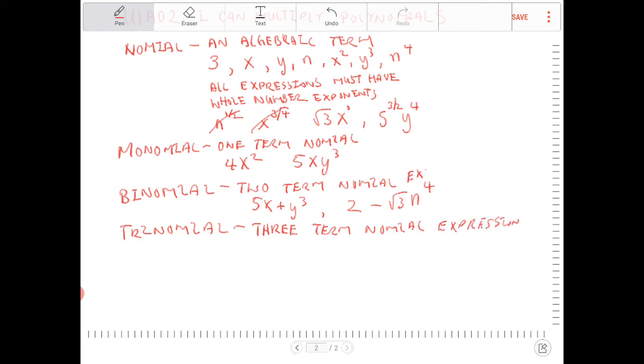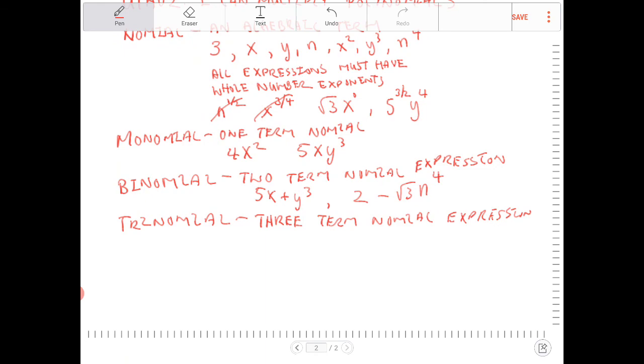Actually, all these are expressions right now. They're not equations because we're not really equating this to anything, right? And anything above a trinomial, we just call it a polynomial. So it's going to be actually all of these. So polynomial is 2 or more terms.